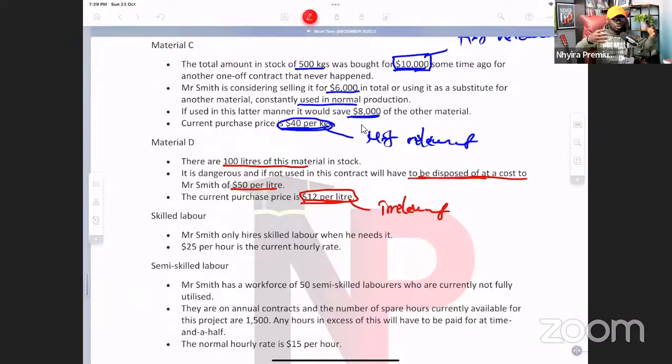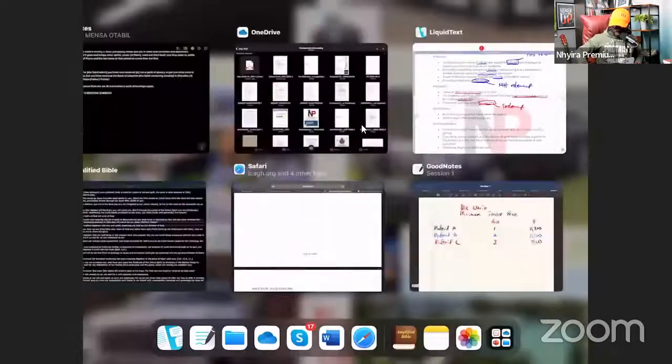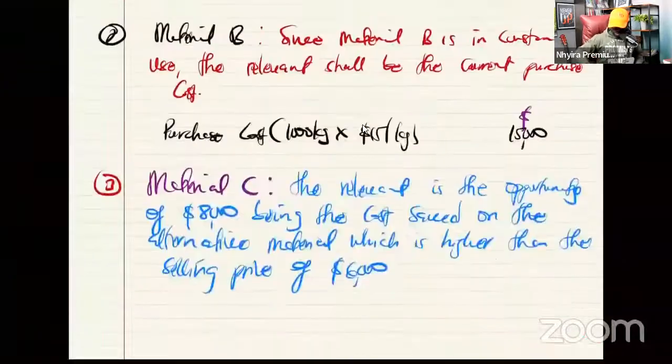So this order is saving Mr. Smith the disposal cost of $50 per liter. And so that cost saving becomes the relevant cost, and that will reduce the current cost for the order. Does that make sense? Note 4, material D.